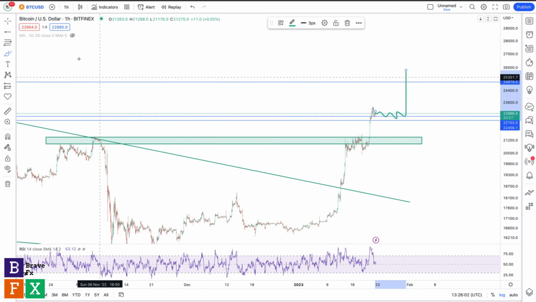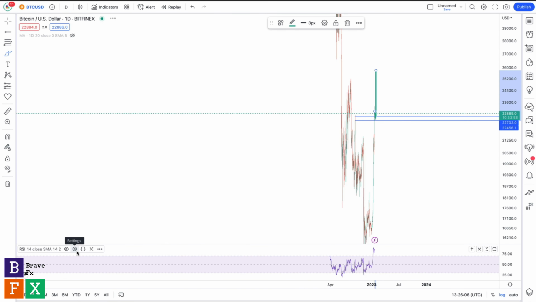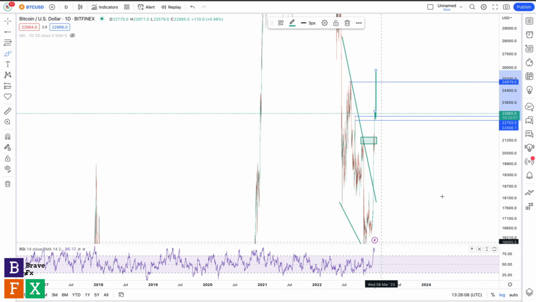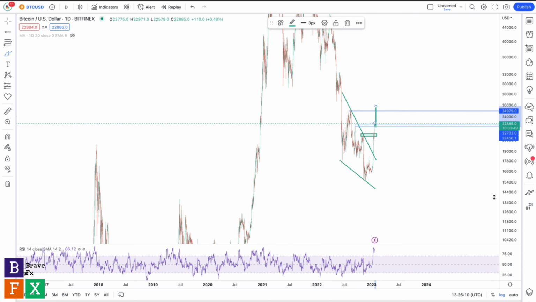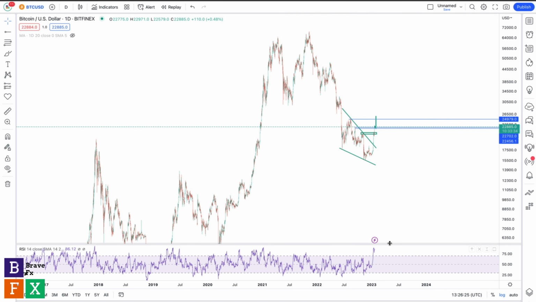So this would be my scenario to go long on Bitcoin, taking advantage of this bullish momentum. But something to pay attention to is that on a daily time frame, we are extremely overbought. So the reason why we wait for consolidations is that these consolidations might play a very important role in cooling down the price or bringing the price back into the safe zone before we go long. But we could remain at the overbought level and price will keep going higher.